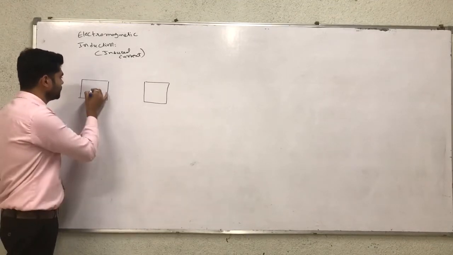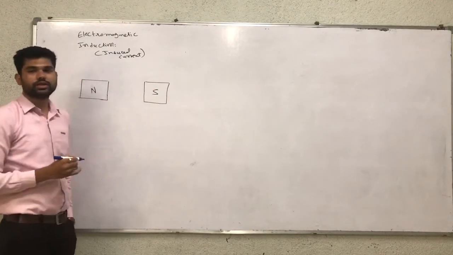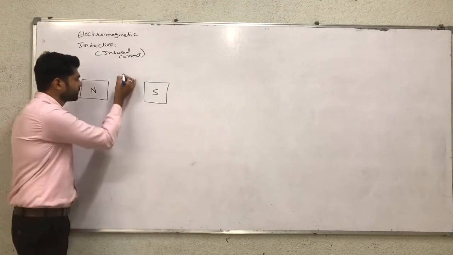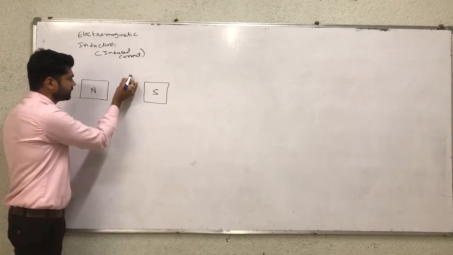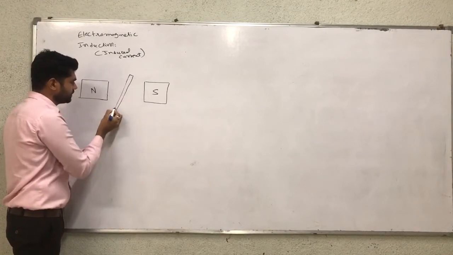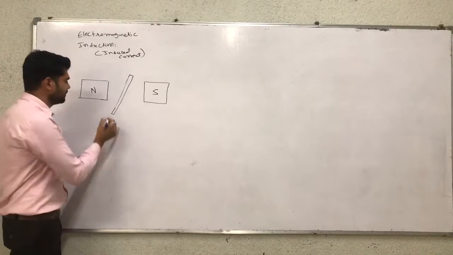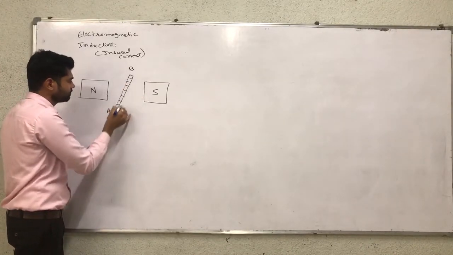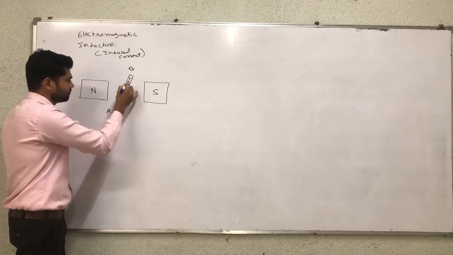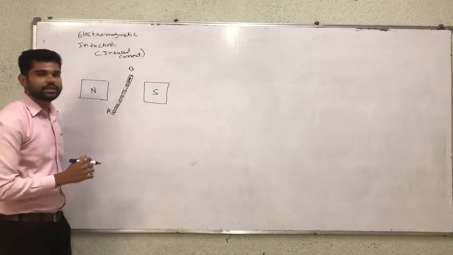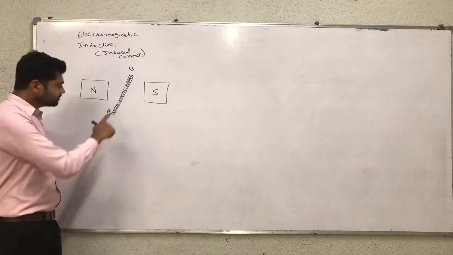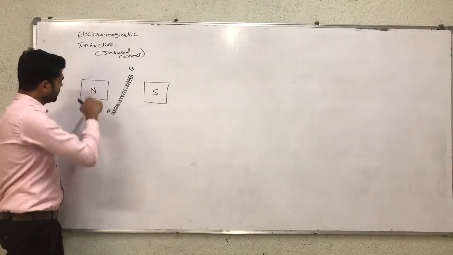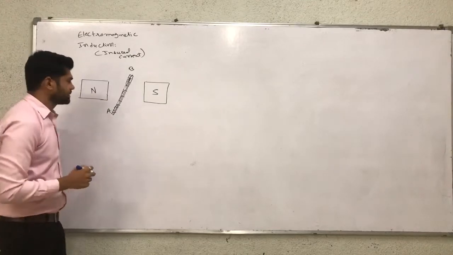One is the north pole, another is the south pole. In between the two magnetic poles, we take one electric conducting wire A and B. The electric conducting wire is put between magnet pole N and magnet pole S.